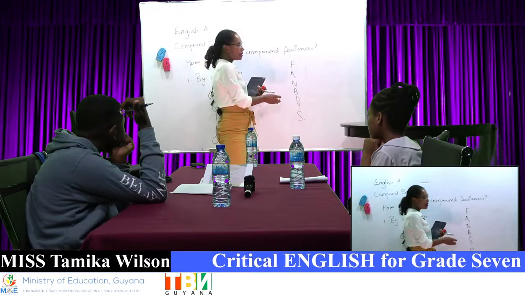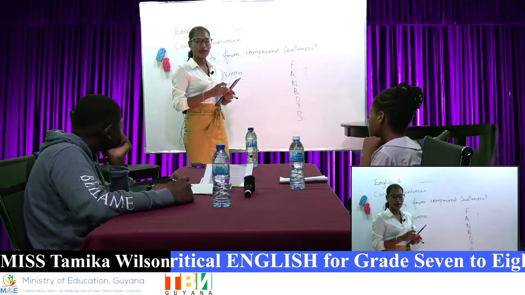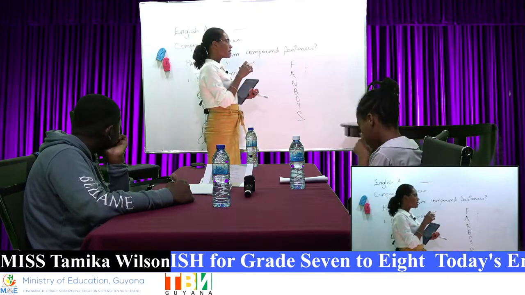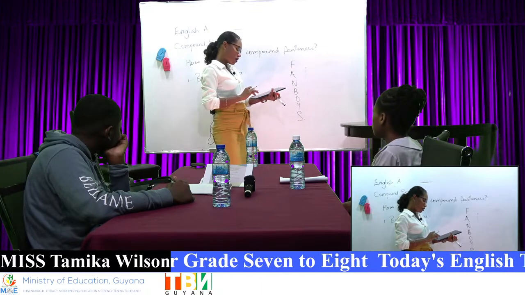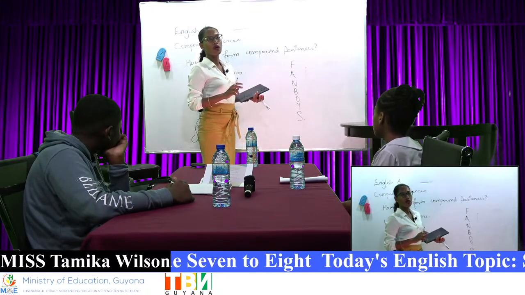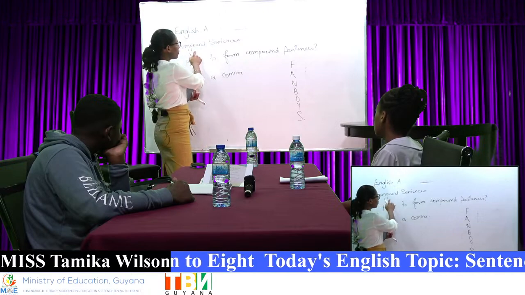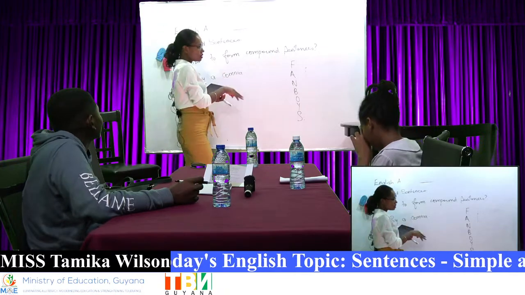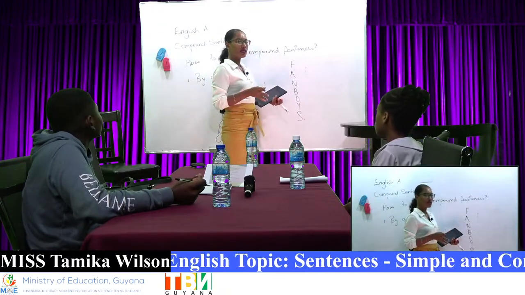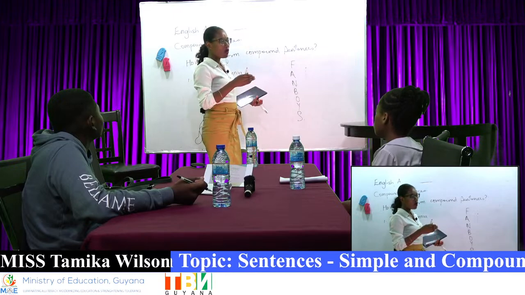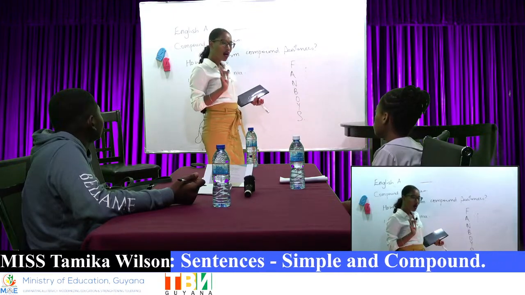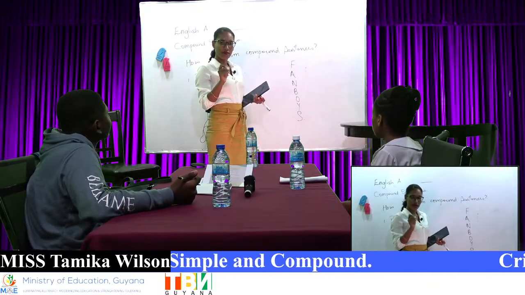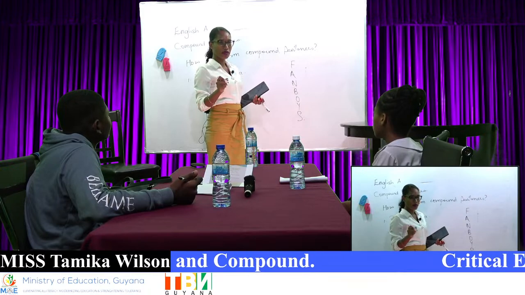This is what we call an acronym, and acronyms are used as a learning technique to help us remember things. Now, this is an acronym for the coordinating conjunctions, which are commonly used to form compound sentences. Sometimes, in rare cases, we have other conjunctions, but commonly these are the conjunctions that we use to join simple sentences to form compound sentences.